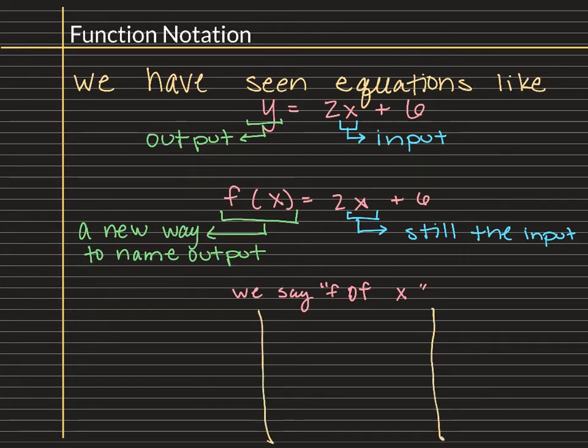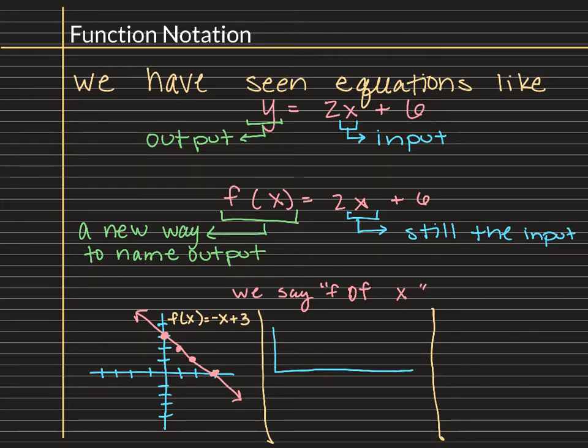Let's go ahead and look at some different representations of function notation. The first one is a graph. So you can see here that I have f of x equals negative x plus 3, and I have the associated graph.